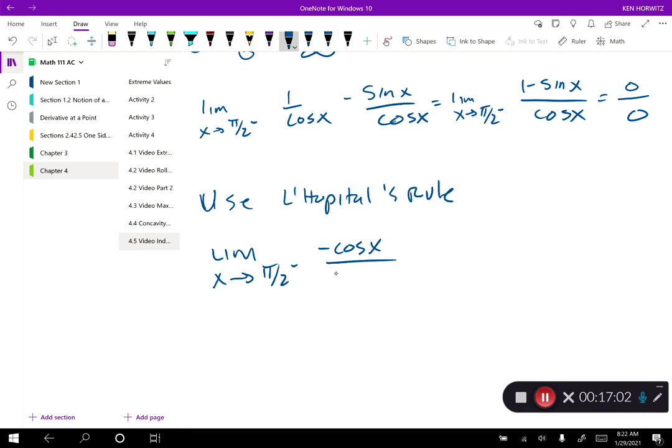Derivative of cosine x, I get negative sine x. And, you know, I could simplify this to tangent. I don't really need to, because I can just plug in pi over 2 for cosine x, and I get 0. For sine x, I get 1, and then negative, so negative 1 still equals 0. So now I'm good to go. I don't have an indeterminate form. All right.